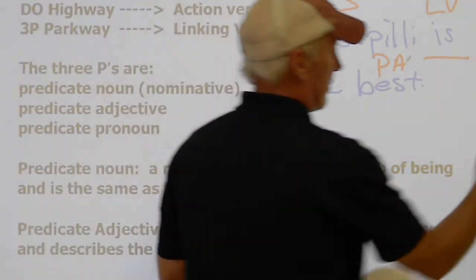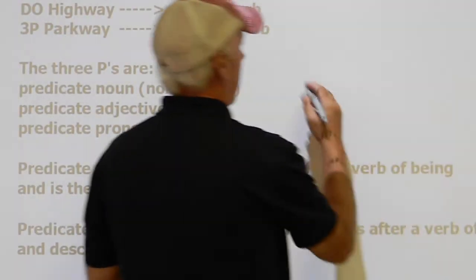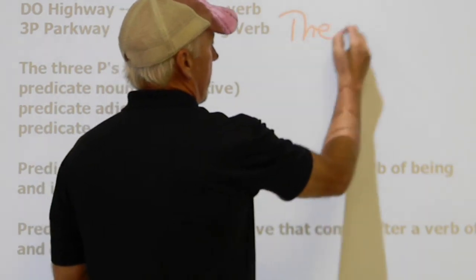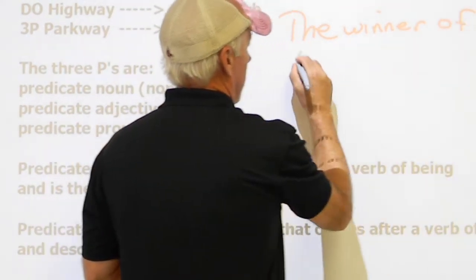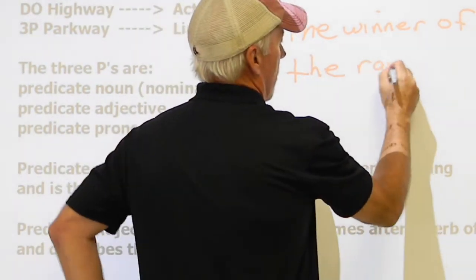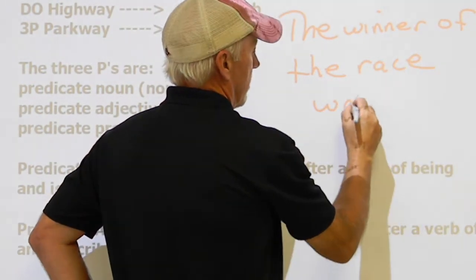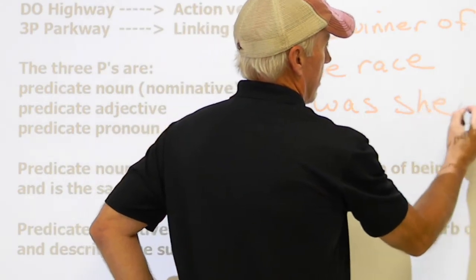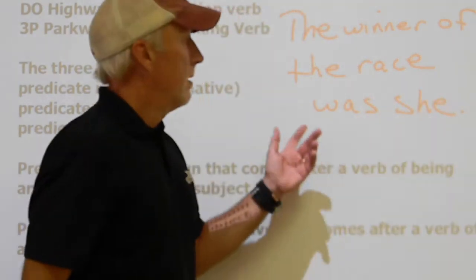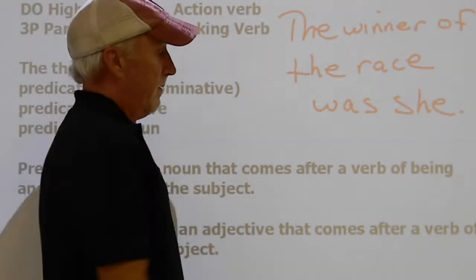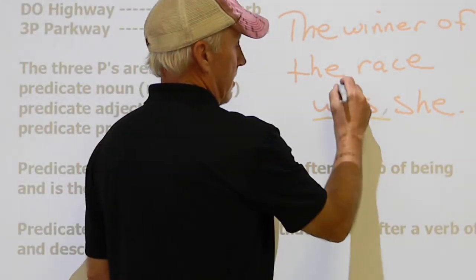Predicate pronoun, simple. The winner of the race was she. What's your verb? Was. What kind of verb is it?